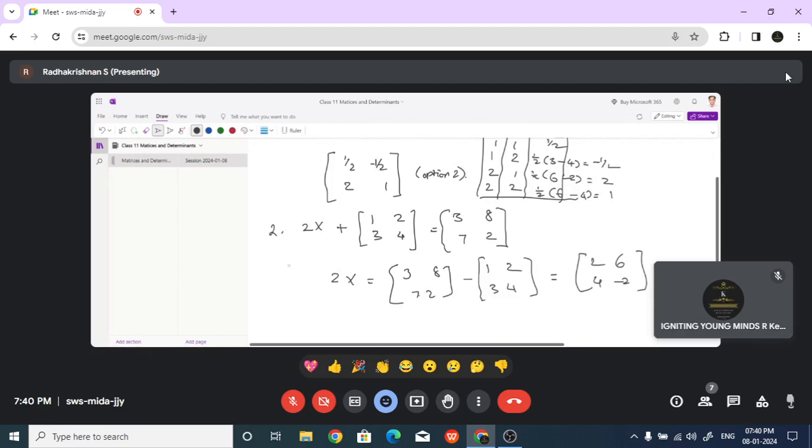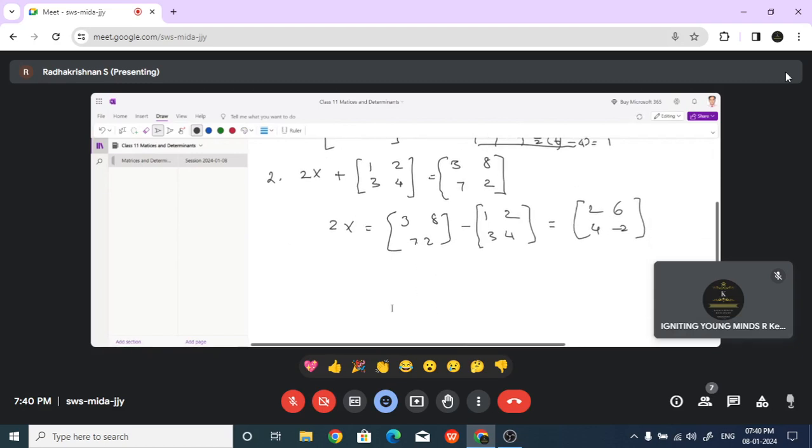So this is 2X. Then what is X? Half of this. Half is a scalar number, so each term is multiplied by that scalar: half into 2, half into 6, half into 4, half into minus 2.